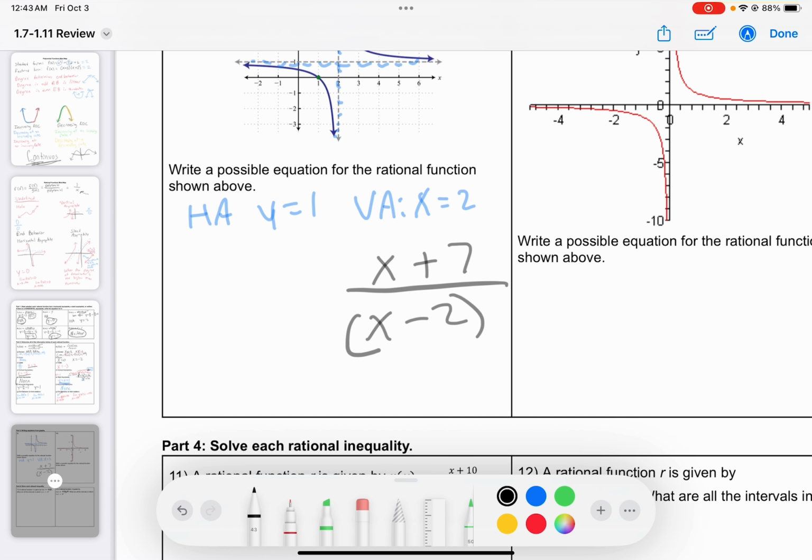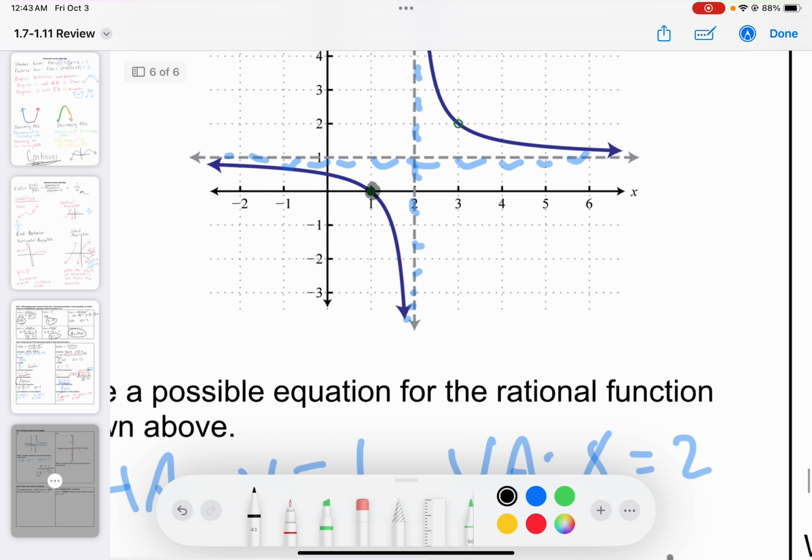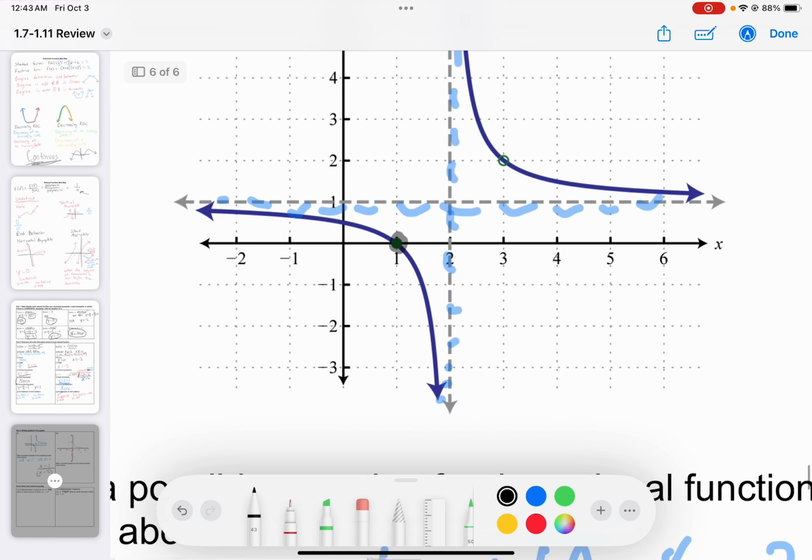I'm linear in the denominator, so I'm also going to be linear in the numerator. Actually, that's not good math, because I do see a 0 here. I see a 0 here at x equals 1. There's a 0, right? So that tells me I need a term that equals 0 at x equals 1 in the numerator only.